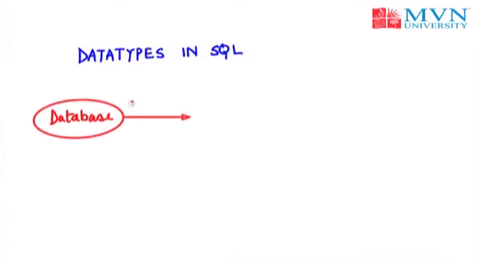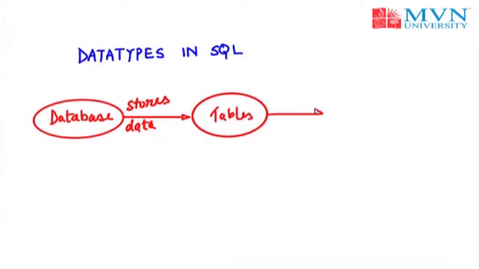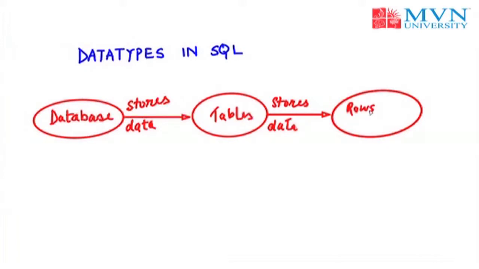Today in this lecture I will discuss data types in SQL. A database stores data in the form of tables, and a table stores data in the form of rows and columns.